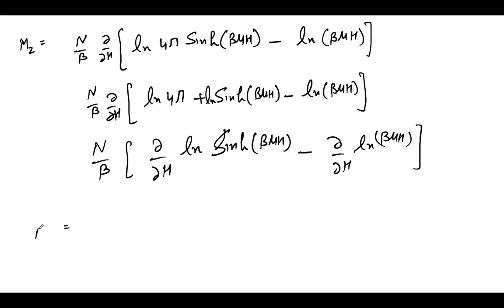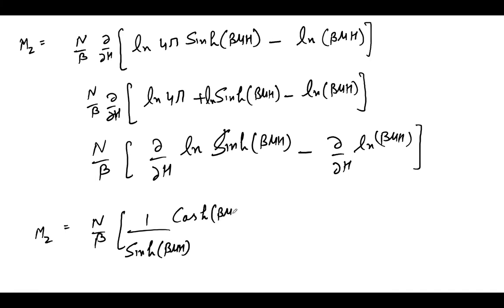So what we get is N over beta. The derivative of this logarithmic term comes out to be 1 over sine hyperbolic beta mu h. The derivative of sine hyperbolic is cos hyperbolic beta mu h into the term within the bracket, that is mu B. Similarly we can write mu B over, the derivative of the logarithmic term, that is mu B h.